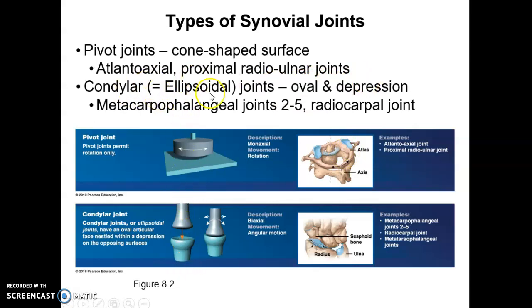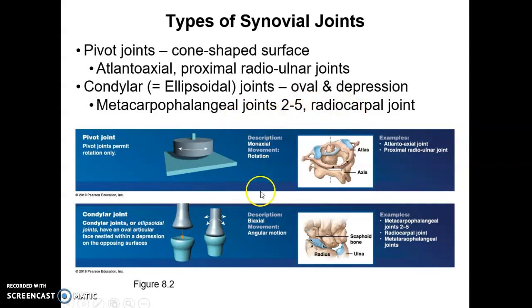Condylar or ellipsoidal joints. You have kind of a concave, convex, or oval depression surfaces on those two articulating bones. These are occurring at the metacarpophalangeal joints. Metacarpo, the bones in the palm of your hand, fleshy part, and then the phalanges are the fingers, 2 through 5. 2 is the index finger, 3 the middle finger, 4 ring finger, and 5 is your pinky, not the thumb.